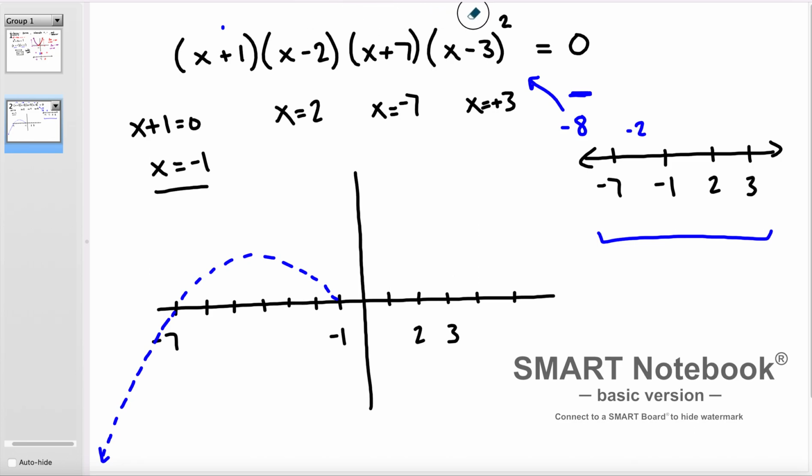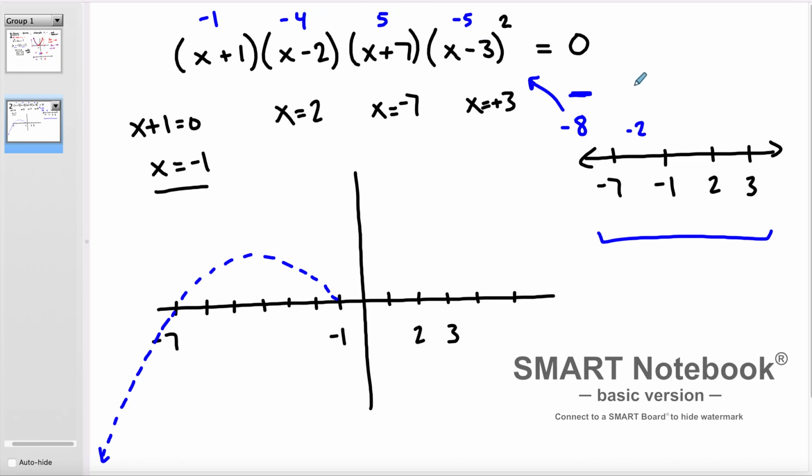So if we plug in -2, we're going to get -1, -4, +5, and a positive, right? It's going to be -5 squared. So that's a positive number. So we have negative times negative times positive times positive.